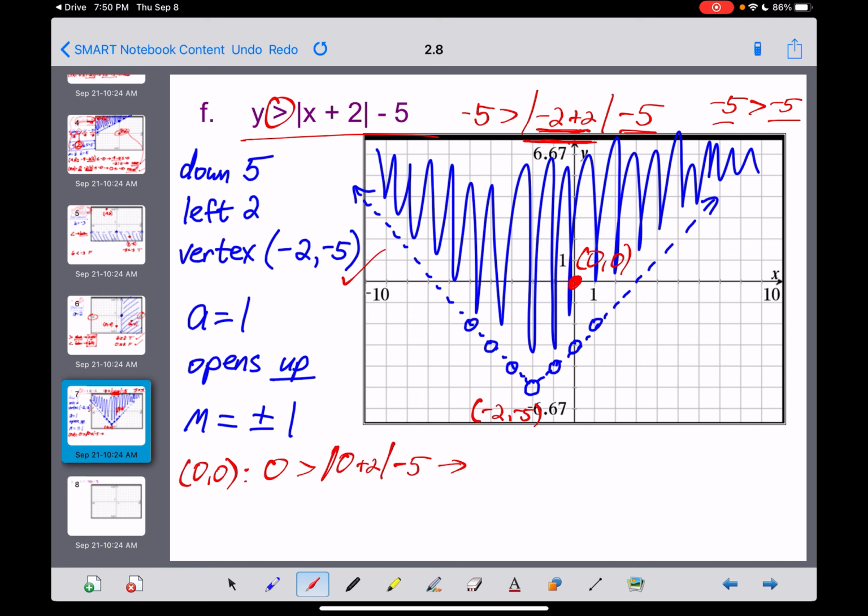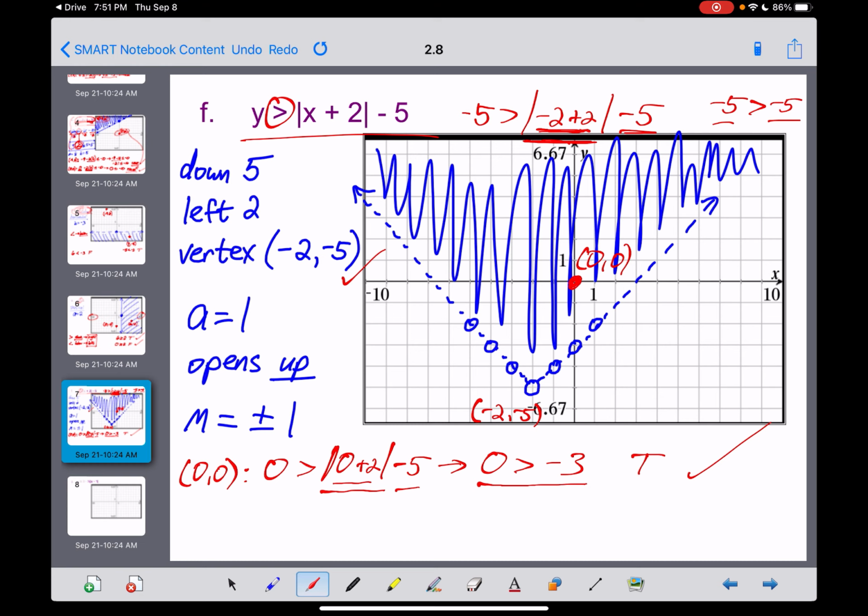Let's see what that does for us. 0 is greater than... 0 plus 2 is 2. The absolute value of 2 is 2, and 2 minus 5 is negative 3. So we end up with the statement 0 is greater than negative 3. True or false? True. And because that point is in the shaded region, I feel good about that. That's what I expected to see.